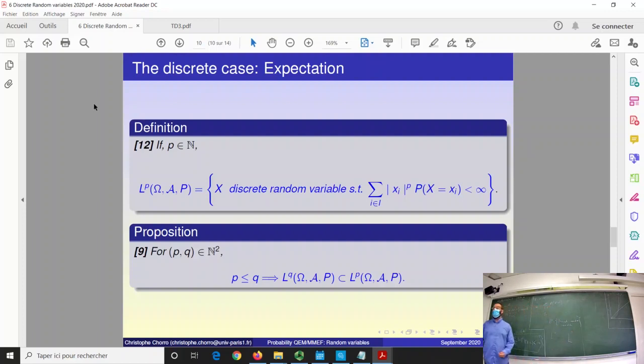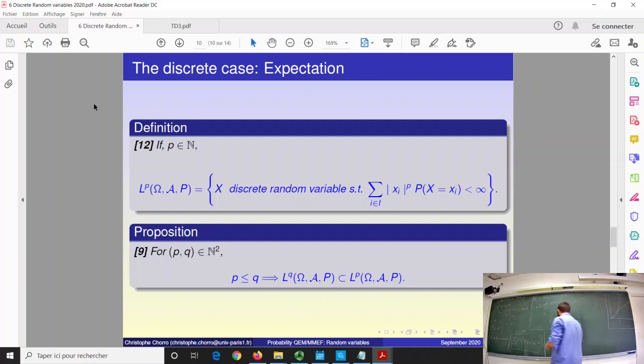If I ask you to compare these two sets, one is included in the other, which one? You have everything on the board here. Of course, L1 is included in L0, because what is L1? L1 is the set of the discrete random variables but fulfilling one particular condition. So of course, it is included in the set of all the possible discrete random variables.